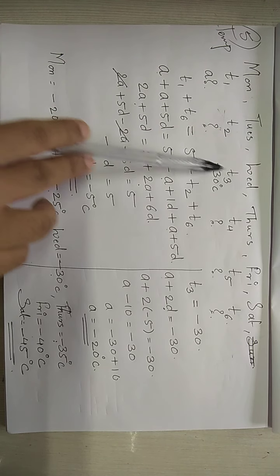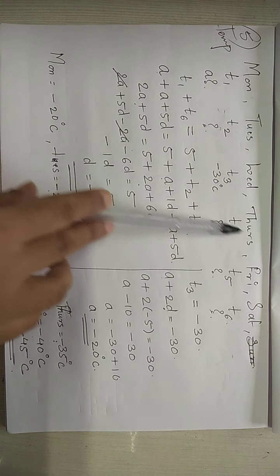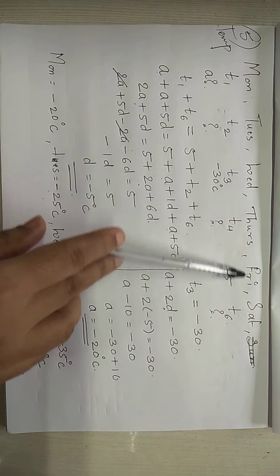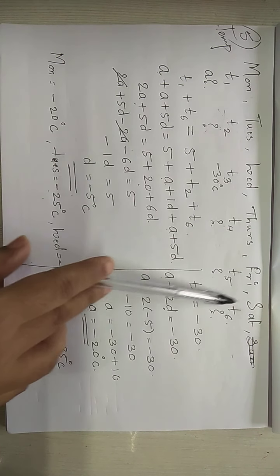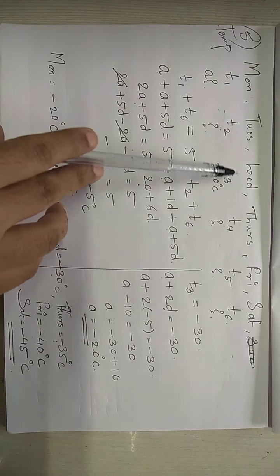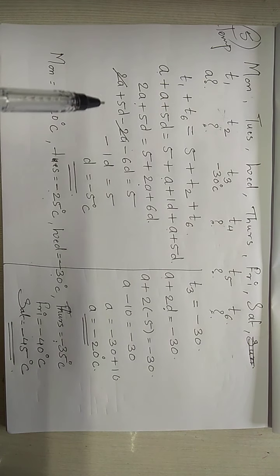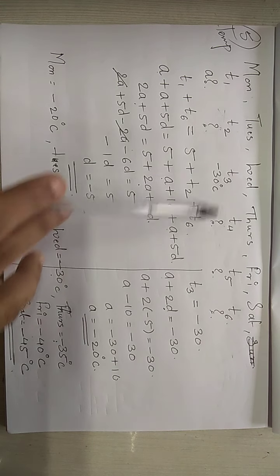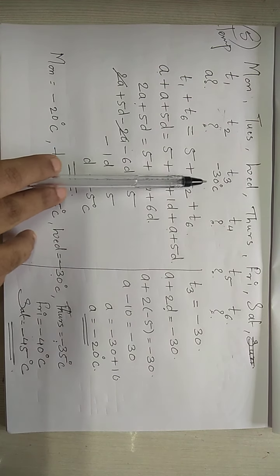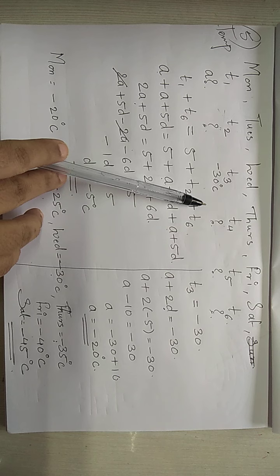Tuesday's temperature T2, Wednesday's temperature T3, Thursday's temperature T4, Friday's temperature T5, Saturday's temperature T6. Wednesday's temperature is given as minus 30 degrees Celsius.